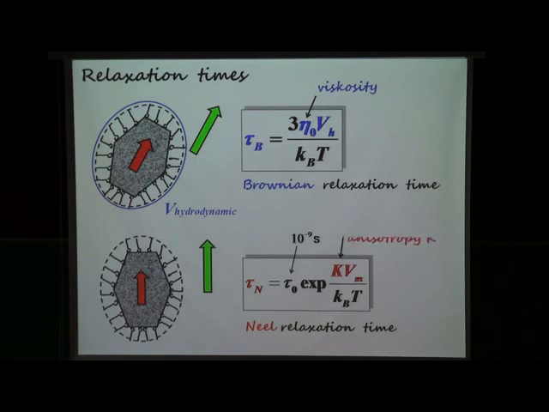Then you have here another factor, and this is in the exponent. Well, it's crystal anisotropy. So for increasing anisotropy of the crystal, this magnetic moment sticks better and better to this magnetic particle.